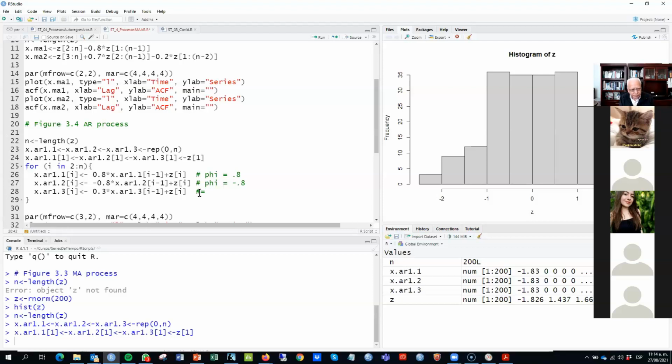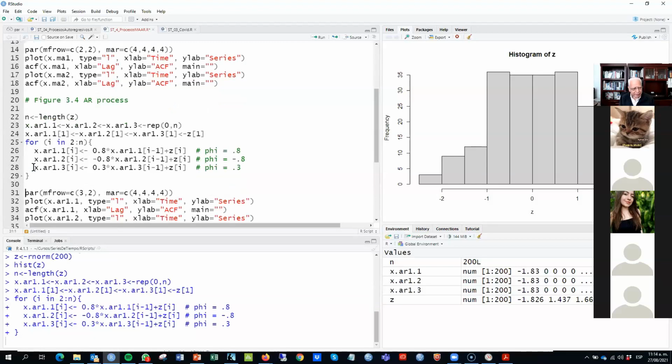If you look at the equation, the second observation of the first process, when i is equal to 2, is the first observation times 0.8 plus white noise, because Z only has white noise.